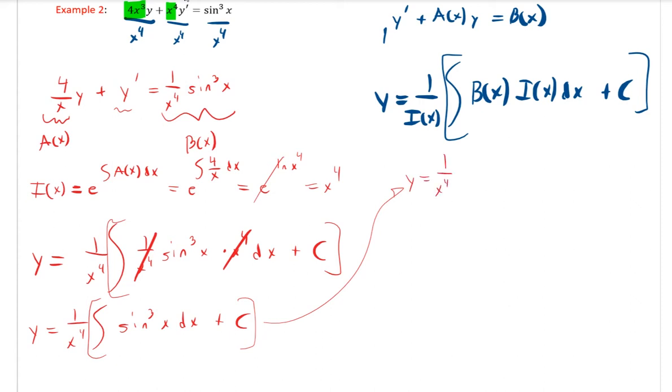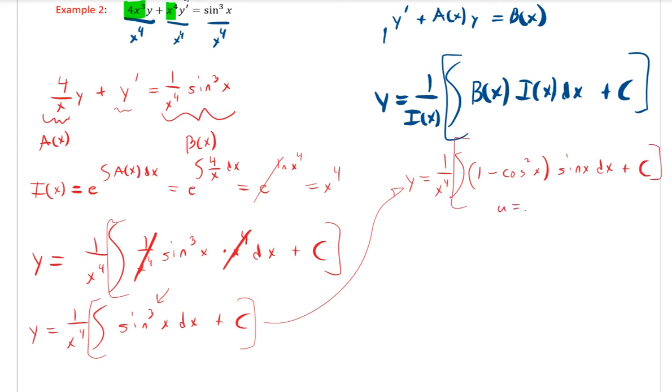We notice that this is a trig function integral, and with an odd power, that makes it nice and easy to solve. We're going to replace two of the sines, so sine squared with 1 minus cosine squared, and leave a sine of x left over as my differential piece.